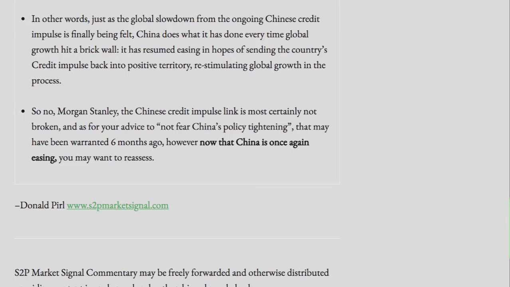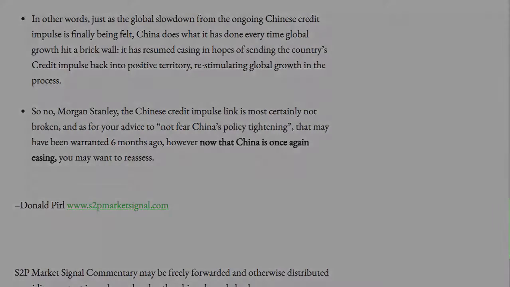So, no, Morgan Stanley, the Chinese credit impulse link is most certainly not broken. And as for your advice to "not fear China's policy tightening," that may have been warranted 6 months ago. However, now that China is once again easing, you may want to reassess.